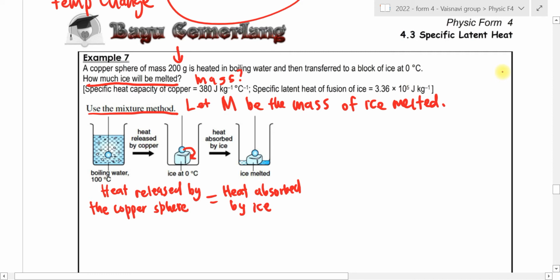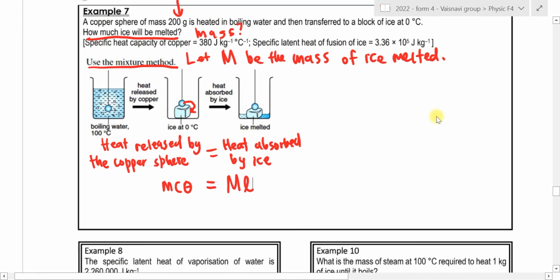Heat released by the copper sphere is through MC theta. Heat absorbed by the ice and then it melts, we need to use latent heat, ML.